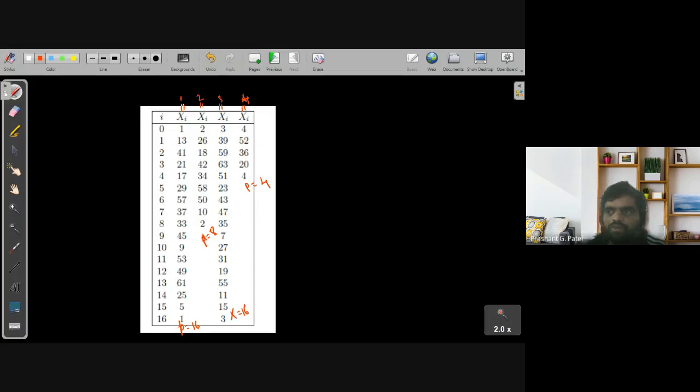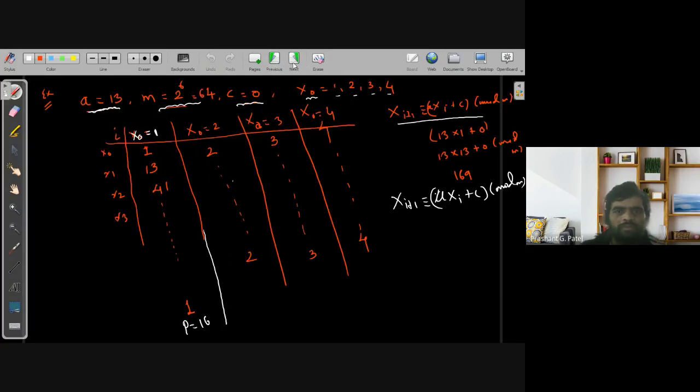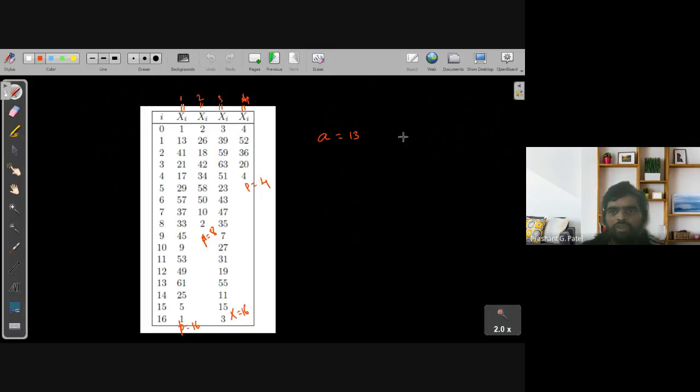And why is it so? We have taken A as 13, which is of the form 5 plus 8k, where k is equal to 1, and your m is 2 raised to 6, which is 64.